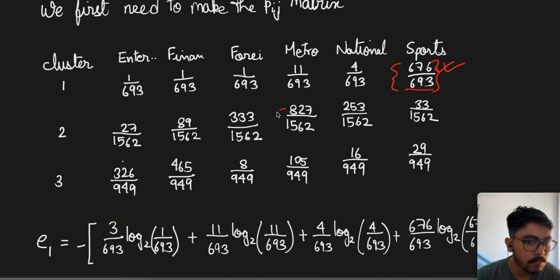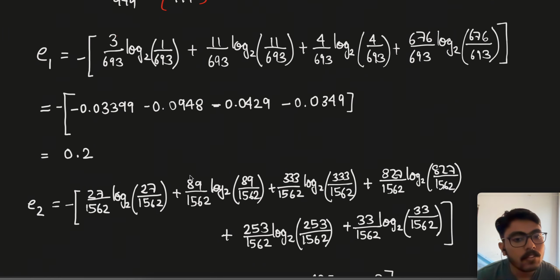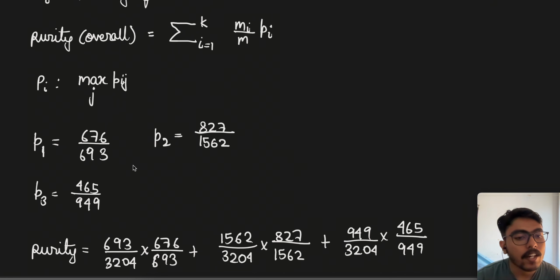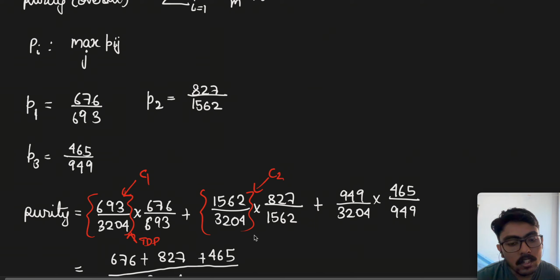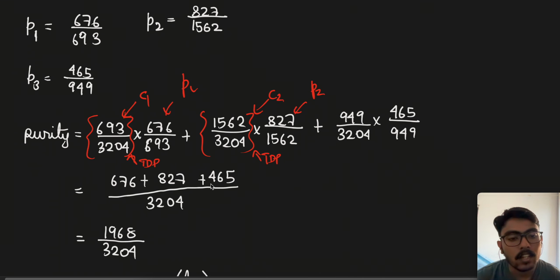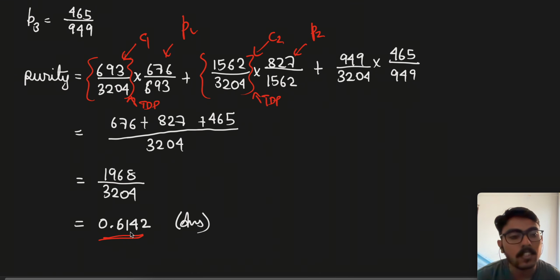Similarly, this is the maximum in cluster 2, and this is the maximum in cluster 3. With all these, purity is the number of objects in C1 by the total number of objects, again the same for C2 and C3, and we multiply by the Pi we calculated for each of the clusters and do the math, and this will be the answer for purity. I hope you understood what I tried to explain. Thank you.